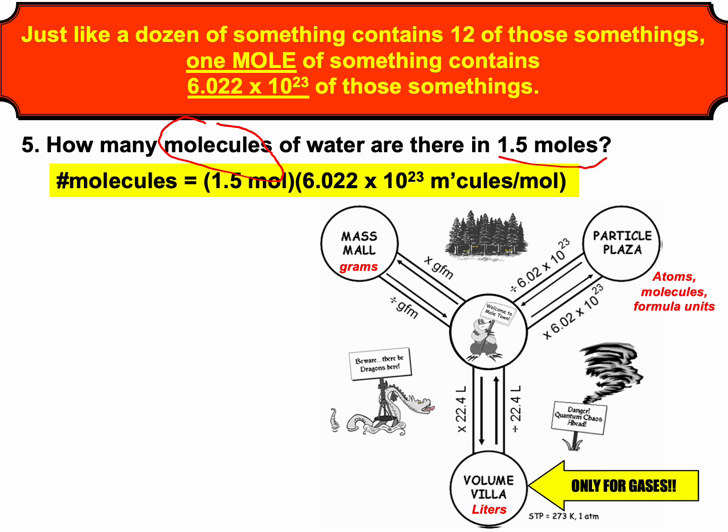So molecules is one of the ones that's over here by particle plaza, or representative particles is actually what it means. So we're going to take our 1.5 and multiply by Avogadro's number, that's 6.022 times 10 to the 23rd, and it gives us how many molecules. So we end up with 9 times 10 to the 23rd molecules.